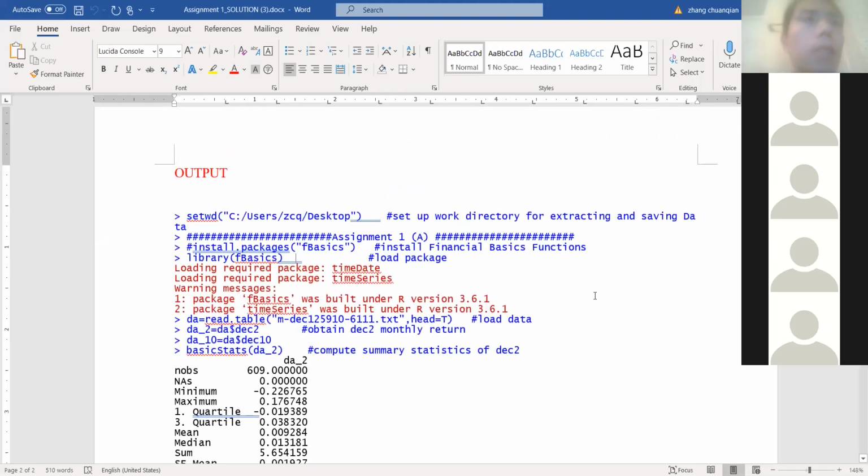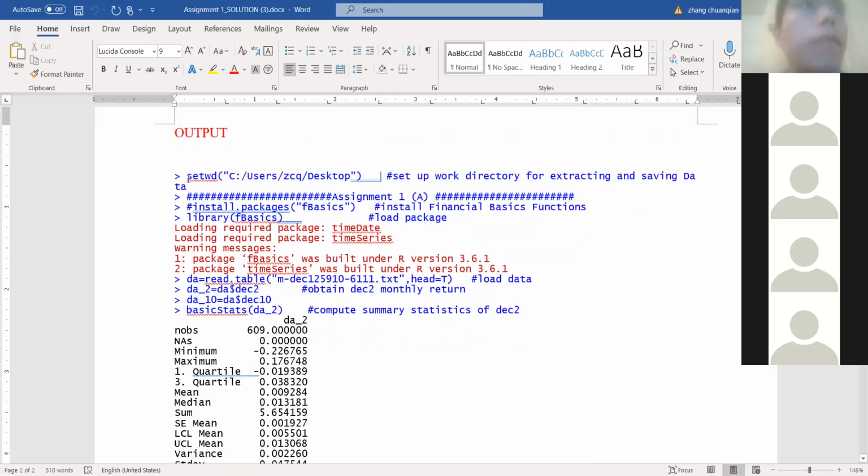Since you mentioned the file for the third question, let me mention a little bit here. For example, the first line sets your path for saving the data files, and then you install the package fBasics. I believe if you followed my previous week's exercise and files, you should have already installed that.